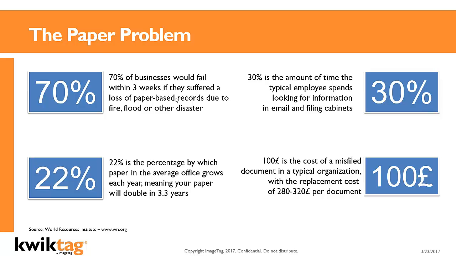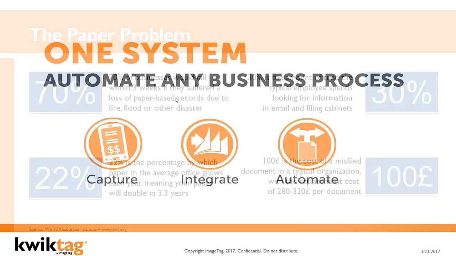And then there's the hard cost, the dollars and cents: it costs about £100 for locating a misfiled document. And if you have to go back to the source and, heaven forbid, replace it from its beginning, that adds up to about 280 to 320 pounds per document. So there are true hard costs associated with the paper that we deal with on a day-to-day basis in our job.